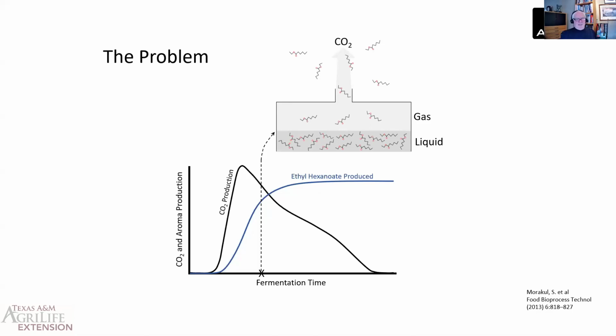Now, fortunately, something happens during fermentation that's beneficial to keeping the aromas in the wine. And that is, as we go further and further along the fermentation time, of course, more ethanol is produced. So the wine's gaining ethanol. And the other thing that's happening is the sugar concentration is dropping because the yeast have gobbled it up.